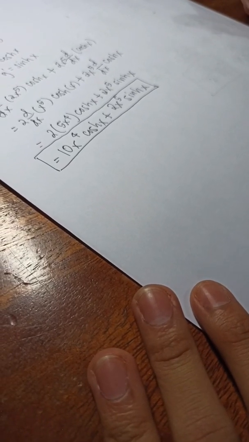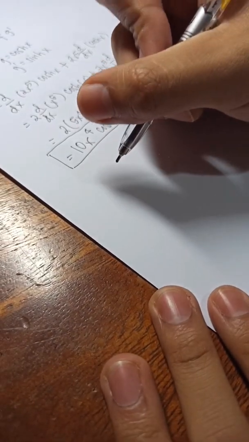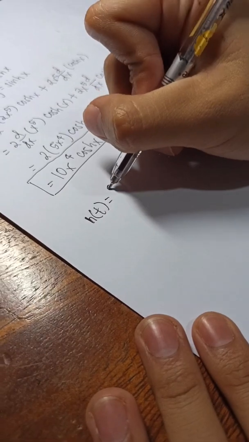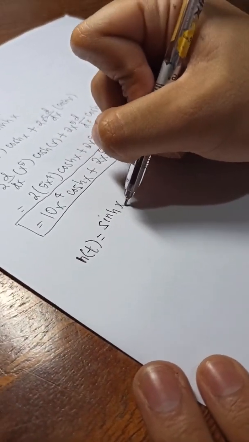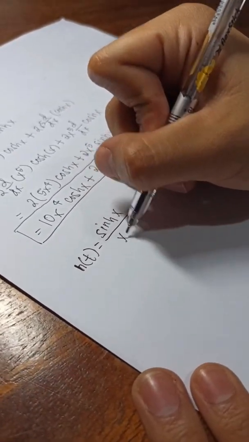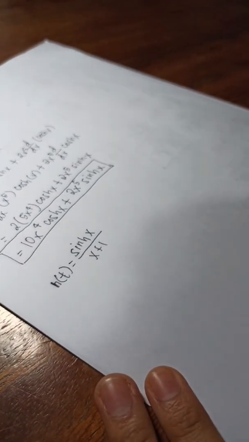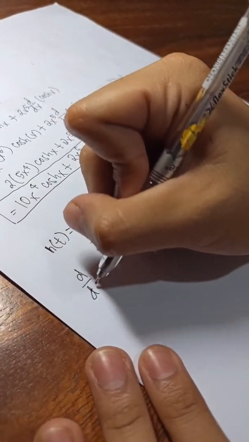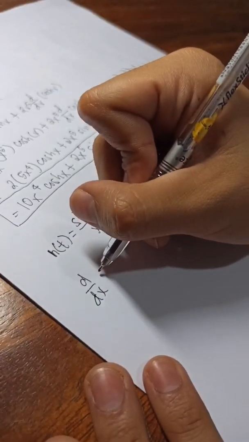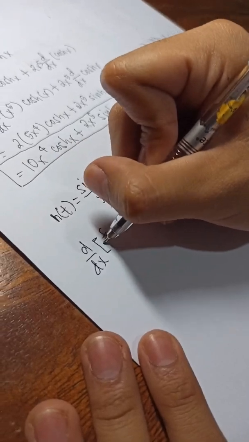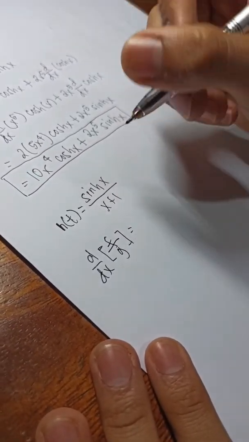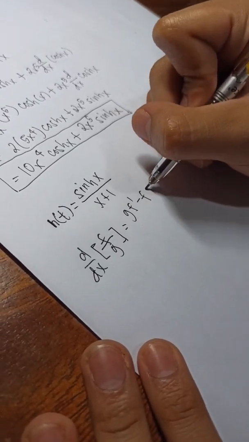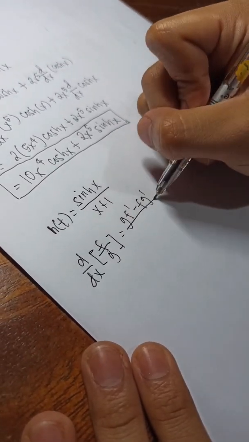For our second example, say we have h of t equals sinh x over x plus 1. So for this example, we'll use the quotient rule, which is d over dx of f over g is equal to g f prime minus f g prime over g squared.